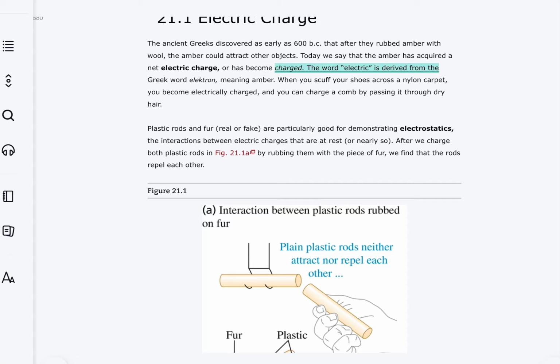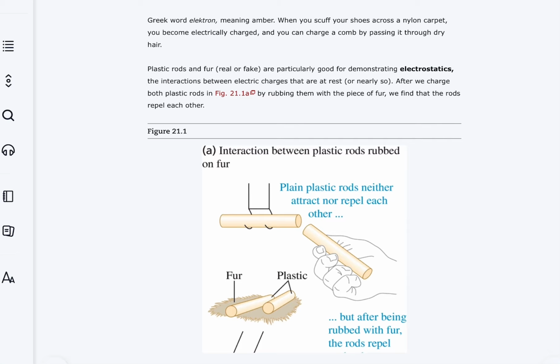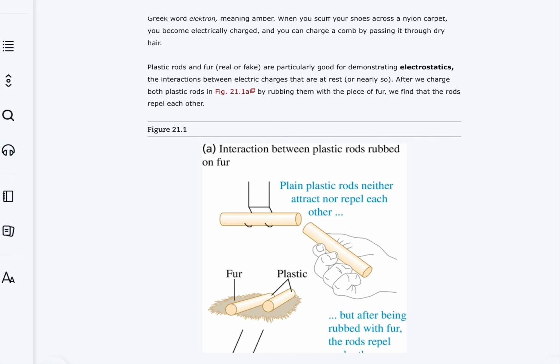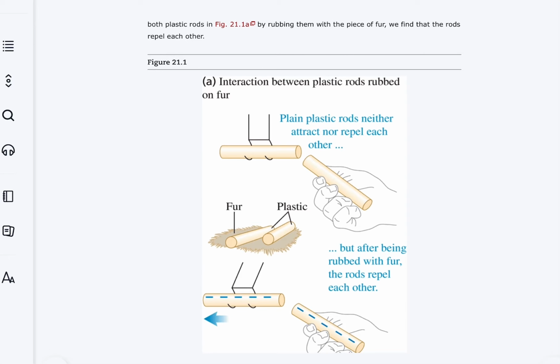When you scuff your shoes across a nylon carpet, you become electrically charged, and you can charge a comb by passing it through dry hair. Plastic rods and fur, real or fake, are particularly good for demonstrating electrostatics. The interactions between electric charges that are at rest, or nearly so: after we charge both plastic rods by rubbing them with a piece of fur, we find that the rods repel each other.